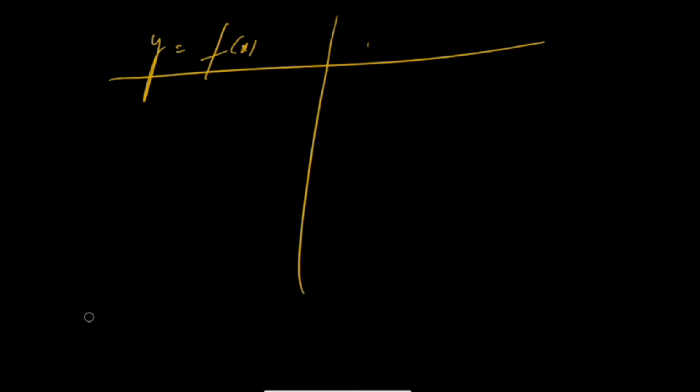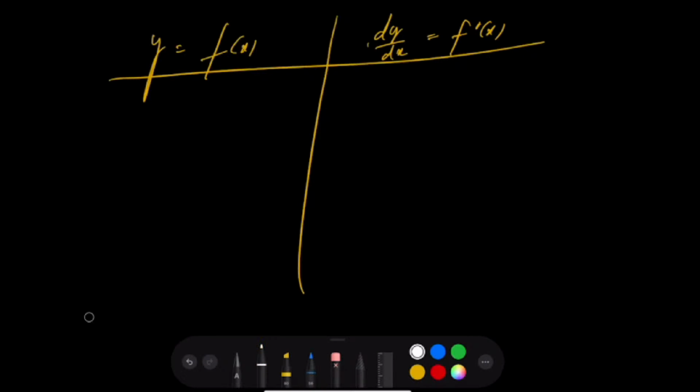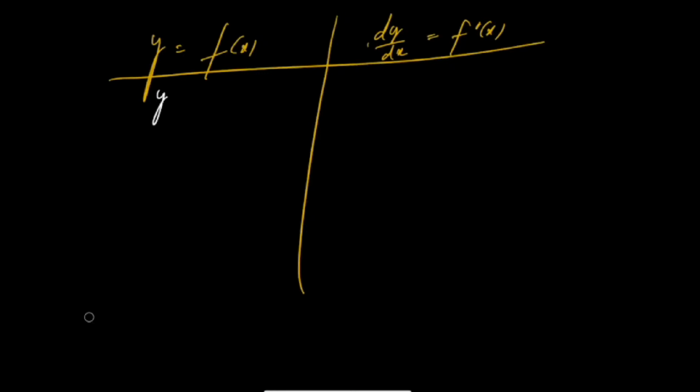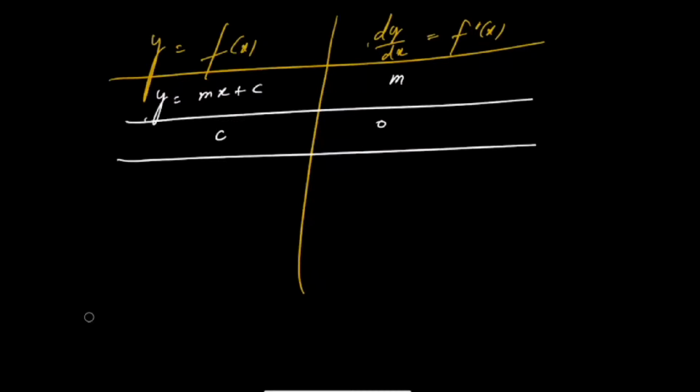These two. If y equals f of x is this, what is the value of dy by dx or f dash of x? So I'll write again all the things we learned till now. The first thing was what? y equals mx plus c, slope was m. If it is c, slope was 0 for a constant function.